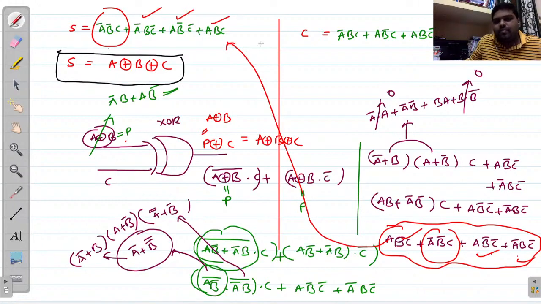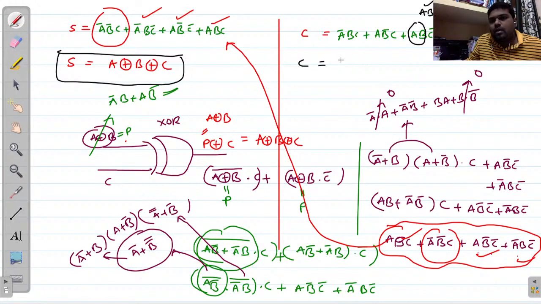In the same way, if you simplify this carry, what you will get? Here we have AB, here we have AB, right? From these two product terms, I can take AB as a common factor, then I will get C plus C bar. According to our theorem, this should be 1. So you get AB.